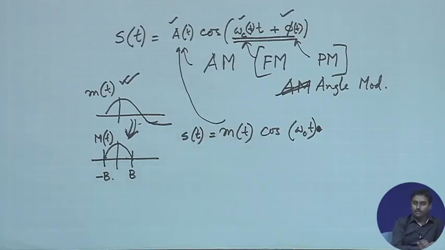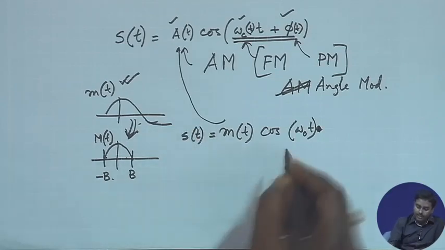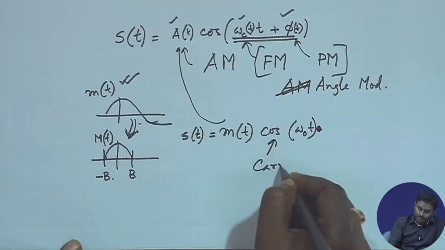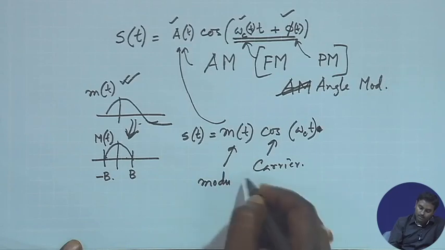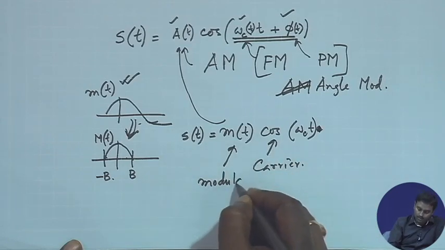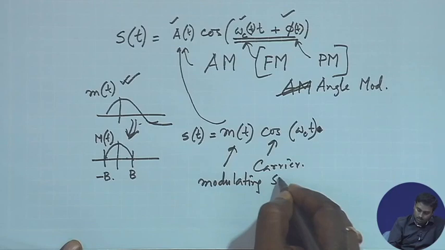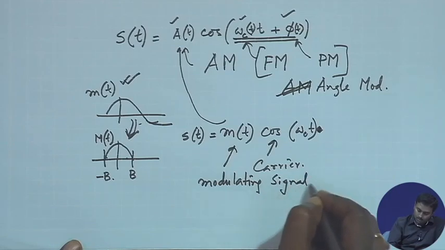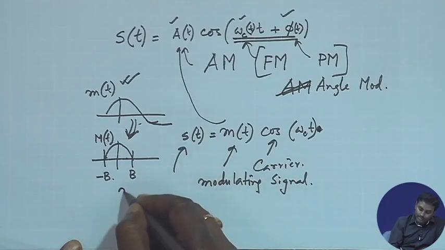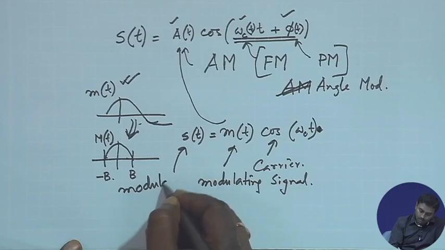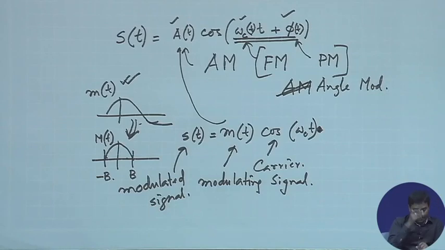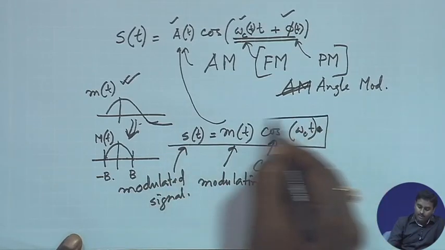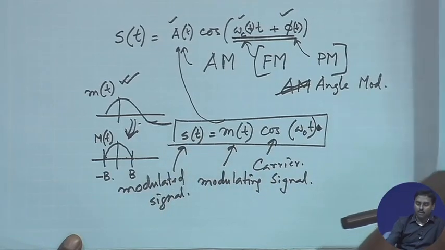Okay. So, we can say this is my modulated signal. Here the terminology is: this is my carrier, this is my modulating signal or the message signal, and this is the modulated signal. As you can see, we are familiar with this already.